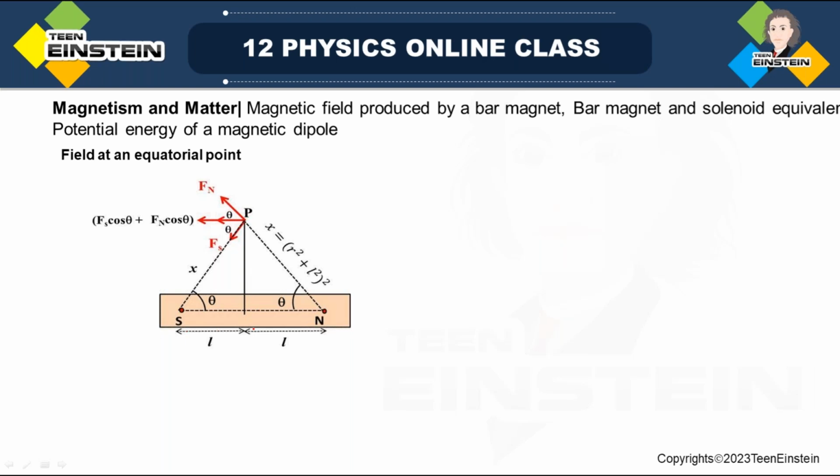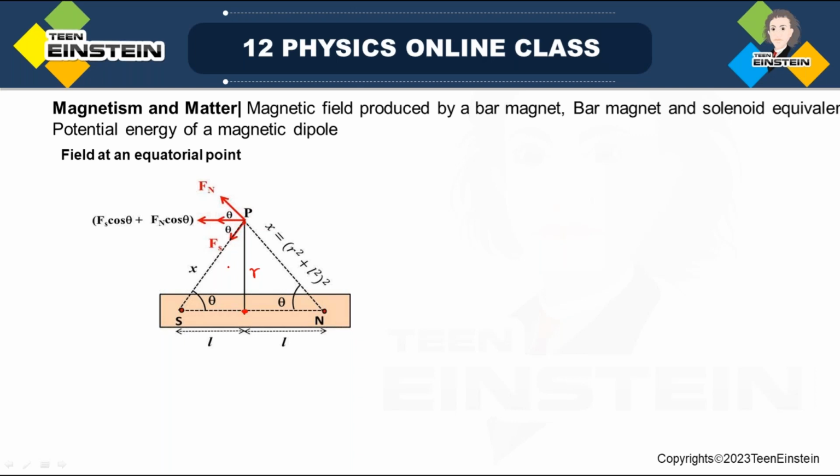If I bisect this bar magnet perpendicularly, suppose this is in the plane and I'm taking a vertical line like this, this is bisecting the bar magnet, and I take any point at r distance away from the dipole. From here to here the distance is r. So I have to find out the magnetic field due to a bar magnet at any point on the perpendicular bisector of this dipole. This is called an equatorial point.